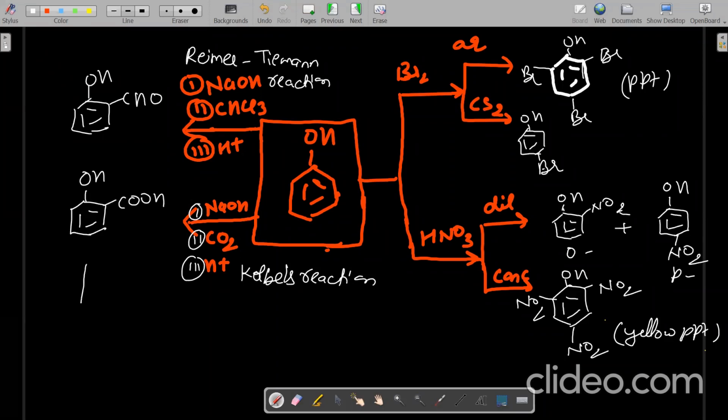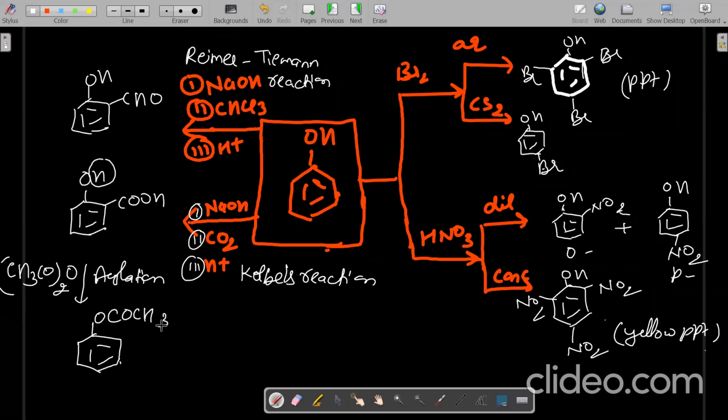This salicylic acid further undergoes an acylation reaction. In the presence of acetic anhydride or acetyl chloride, it converts into an ester, the acylated product. When salicylic acid reacts with acetic anhydride, the hydrogen of the OH is replaced by an acetyl group, COCH3, and this is called aspirin.